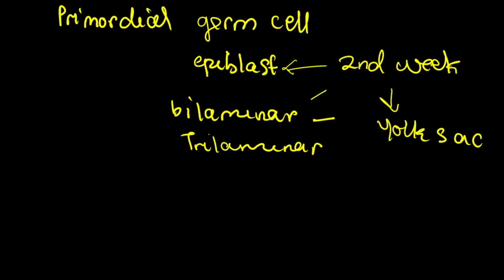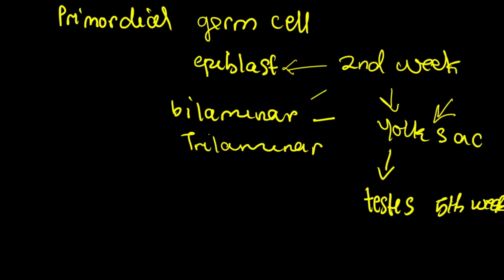Now, the yolk sac is basically a temporary structure that provides nourishment for the embryo. This yolk sac is away from the developing gonads, so the primordial germ cells would have to migrate to the developing gonads, which in this case, since we're considering a male, is the developing testis. So they migrate to the developing testis at about the 5th week of embryonic development.